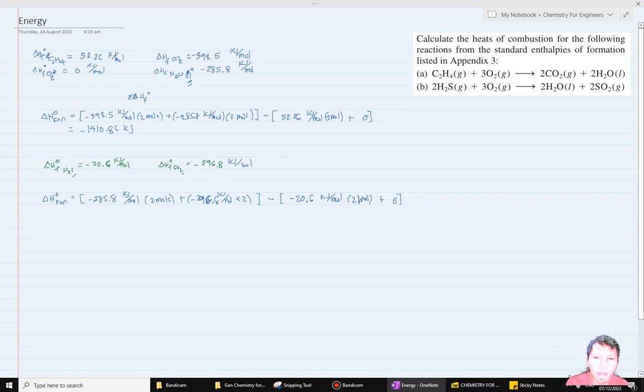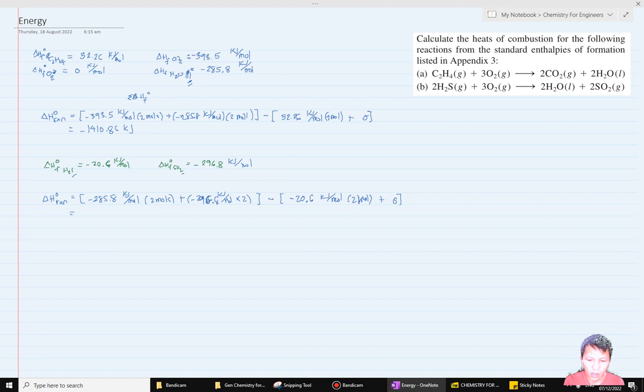Anyway, we get a calculator and we sum these things up. So, parenthesis, negative 285.8 times 2 plus negative 296.8 times 2 also, minus negative 20.6 times 2.